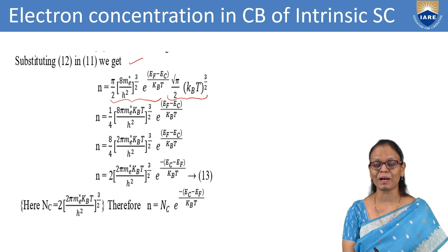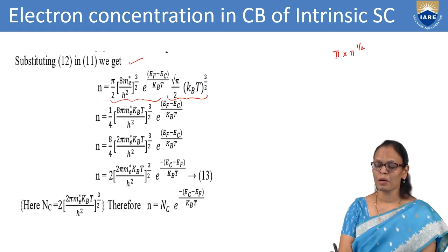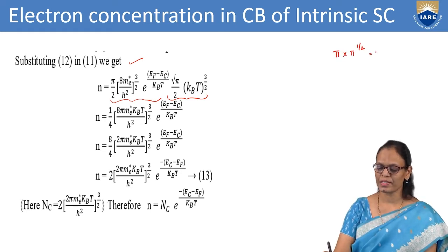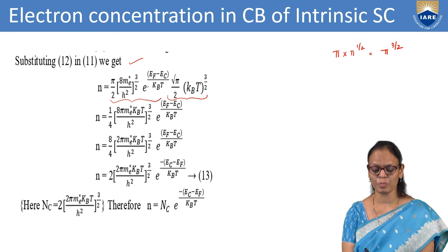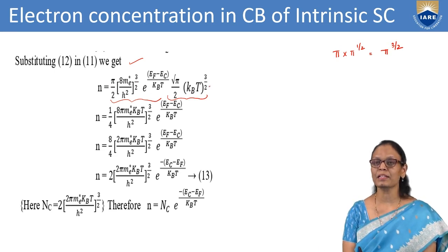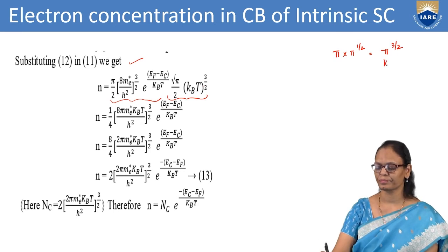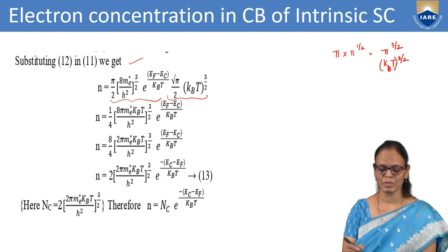What we have here is pi and there is pi power half. So pi into pi power half gives us pi power 3 by 2. So here I have root pi into pi as pi power 3 by 2, and kBT power 3 by 2. We also have kBT power 3 by 2, whole power 3 by 2.